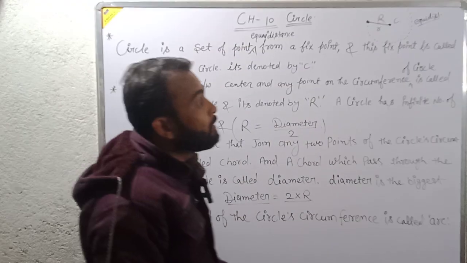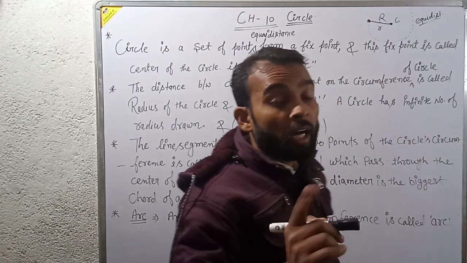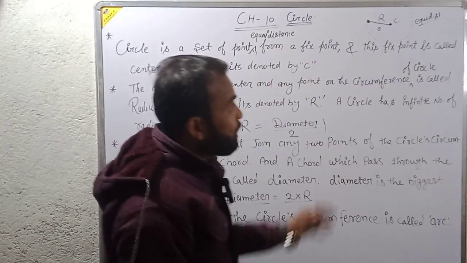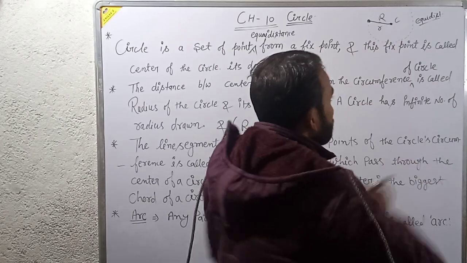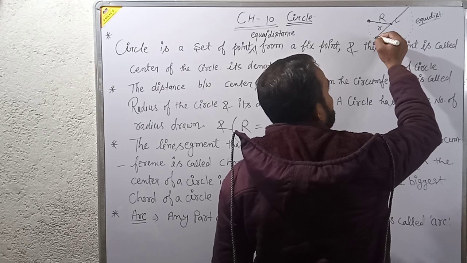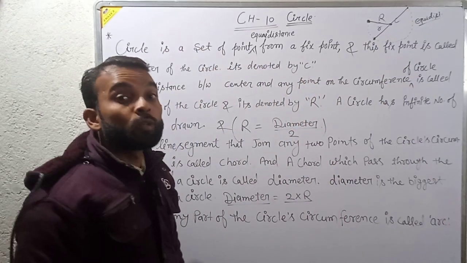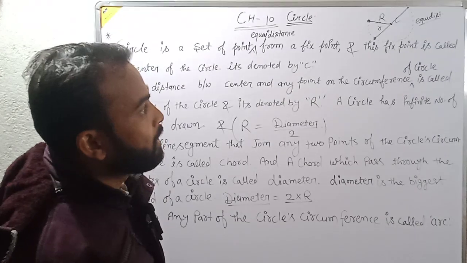In other words, the chord which passes through the center of the circle is called the diameter. And the diameter is twice the radius.